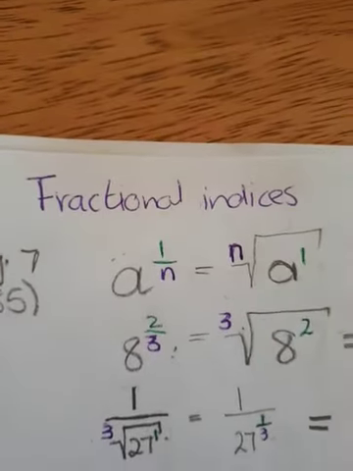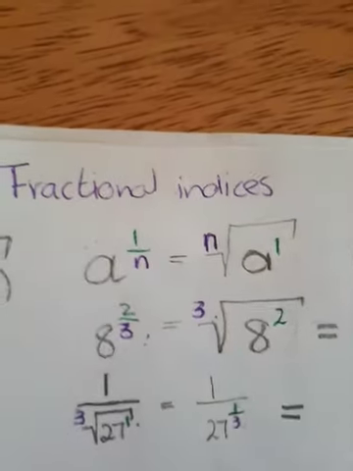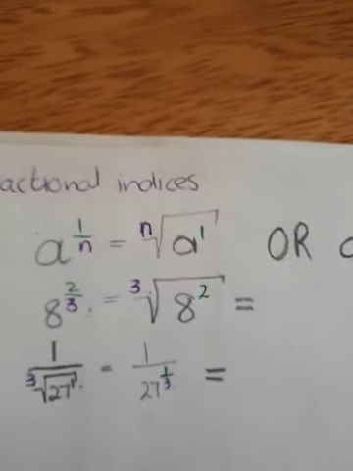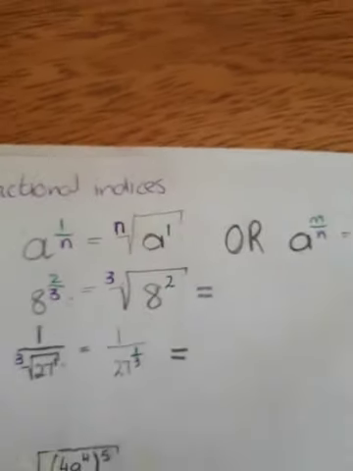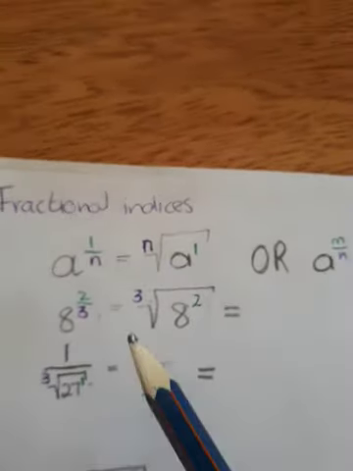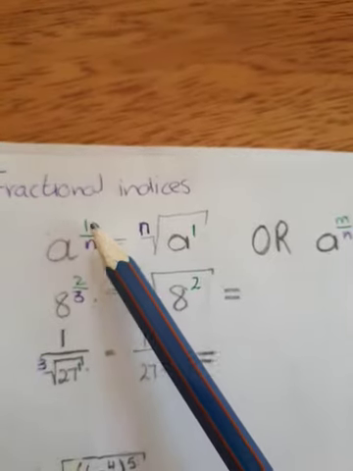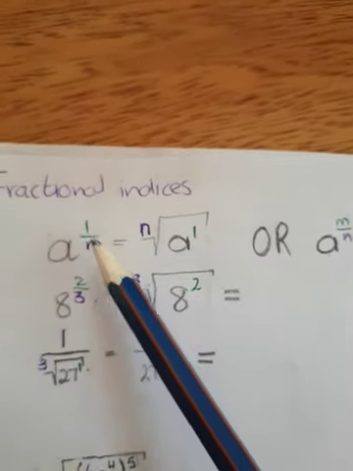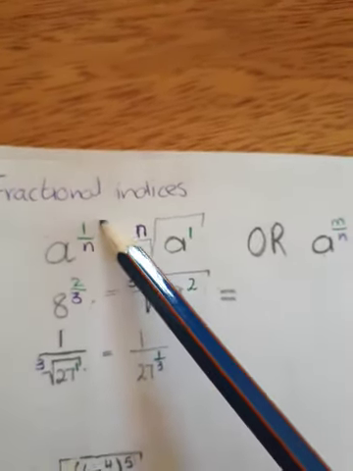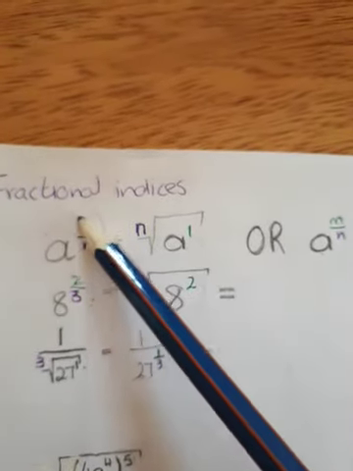Today's topic is fractional indices, and there is basically one law which I have separated into two examples. If you have a to the power of 1 over n, or 1/nth, then this is the fractional index.